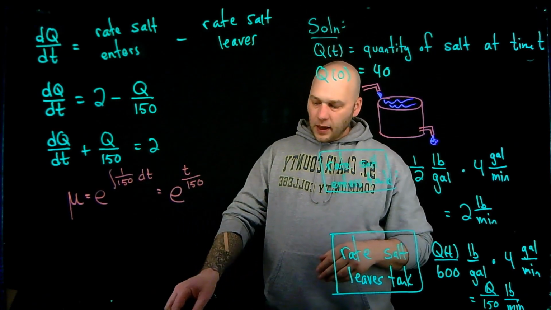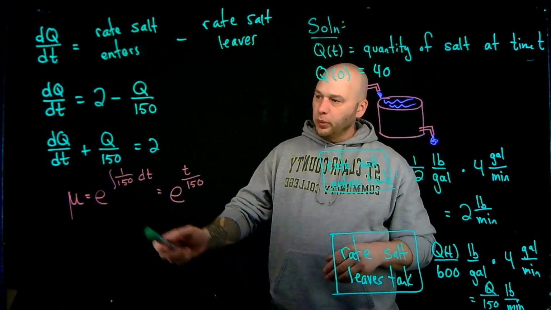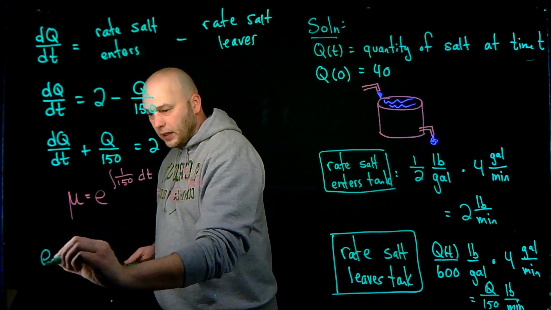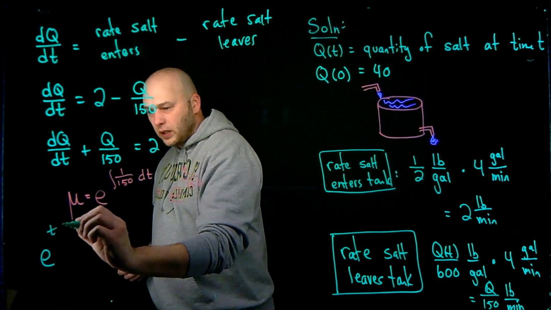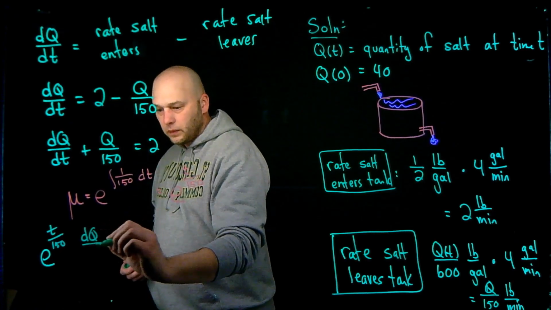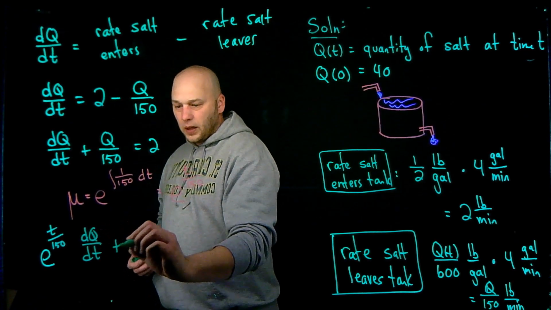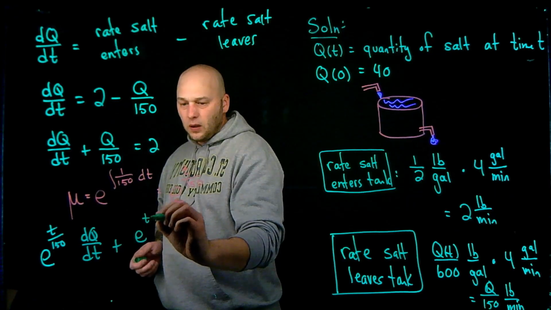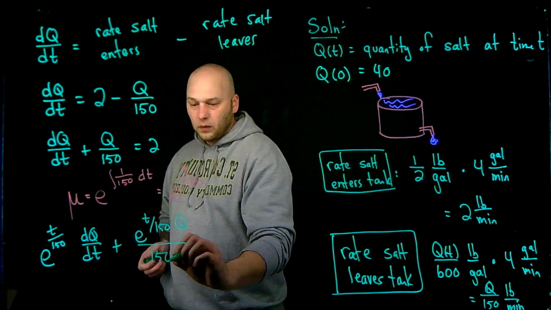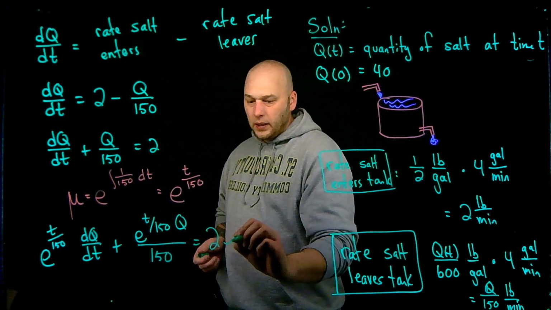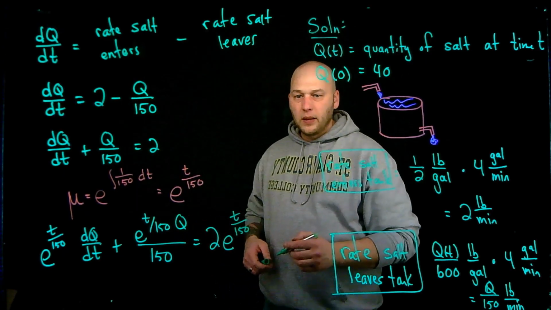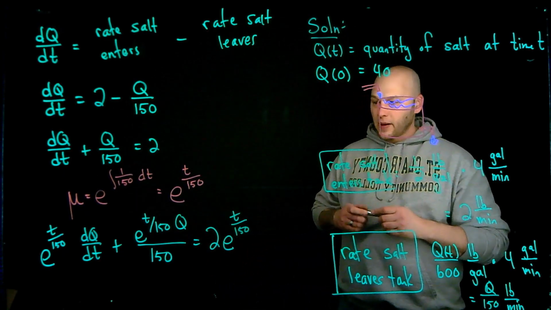And the idea is I take that integrating factor and I multiply it through the entire equation. So that gives me the following. e^(t/150) dQ/dt plus e^(t/150) Q over 150 equals 2e^(t/150), right? I simply multiply the entire differential equation by the integrating factor.